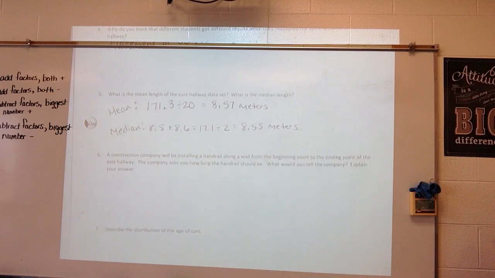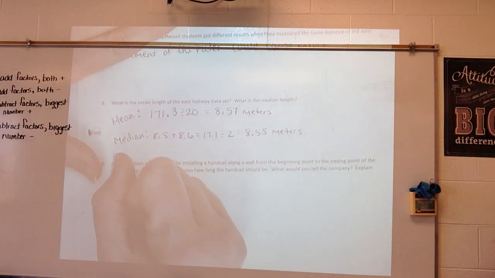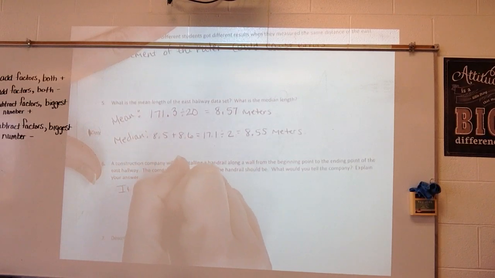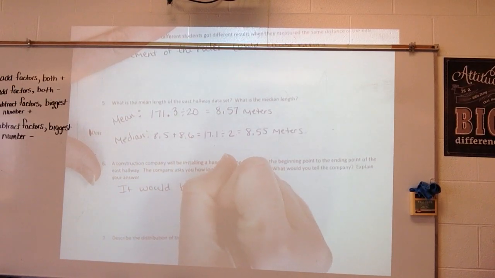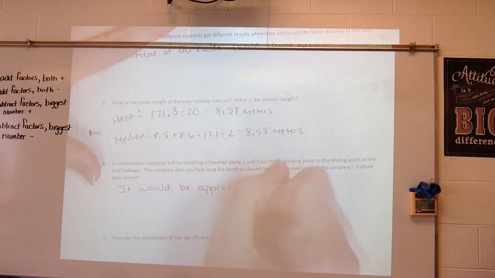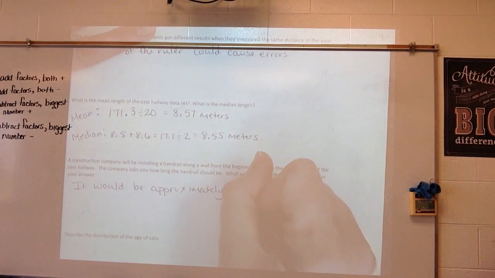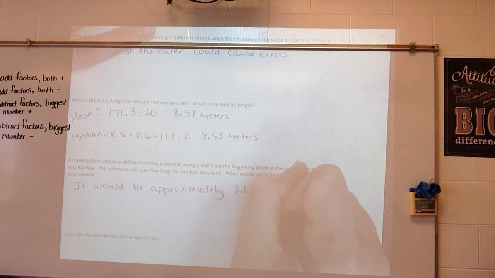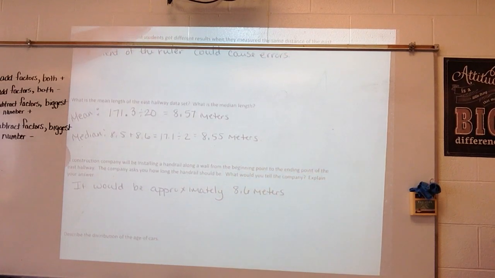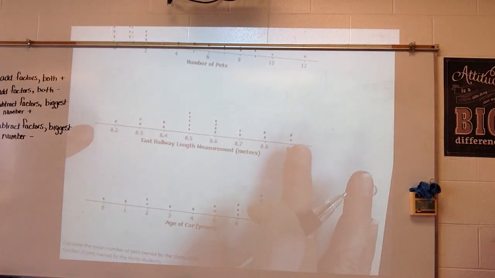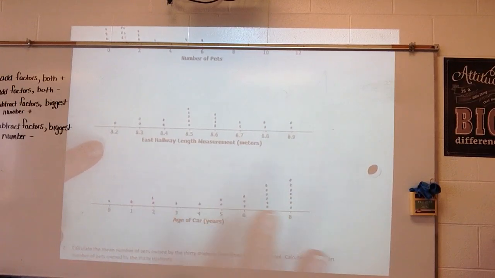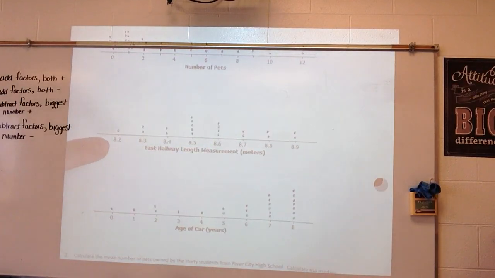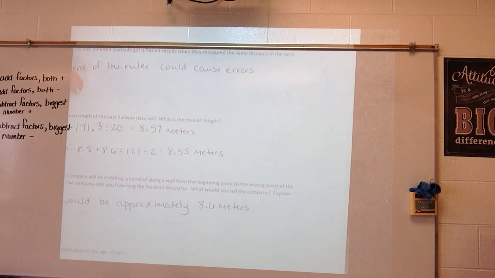So I would say it would be approximately, this time we'll round it to the nearest tenth, 8.6 meters. Since the distribution is nearly symmetrical, if you look at your distribution, it's almost identical on both sides of the halfway point.